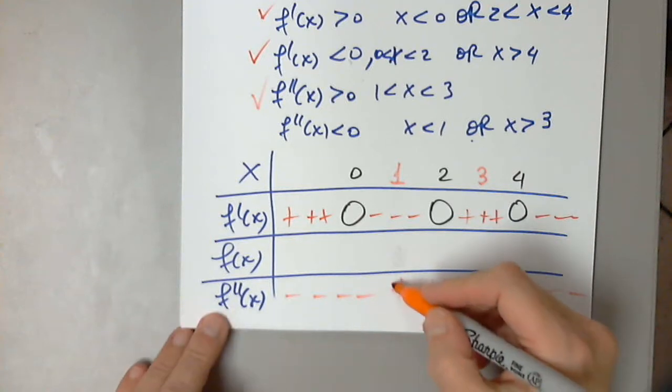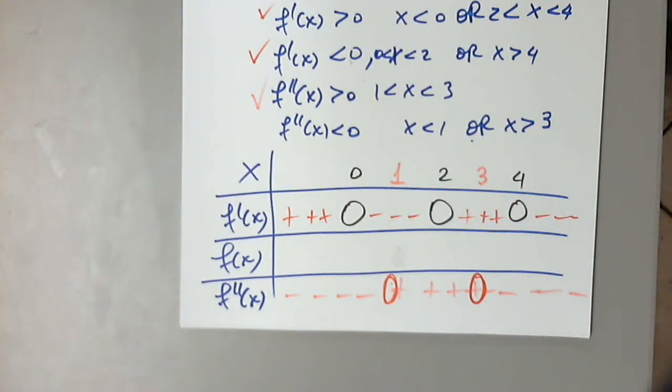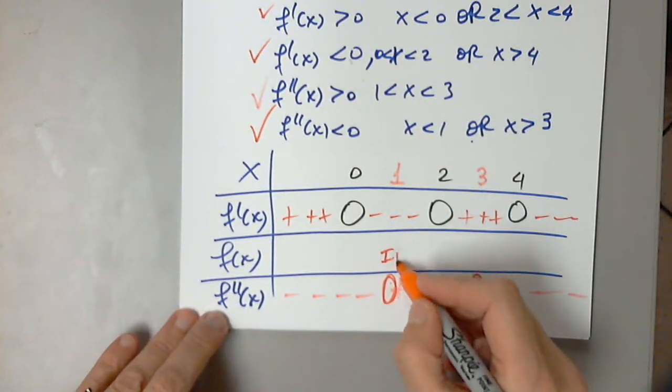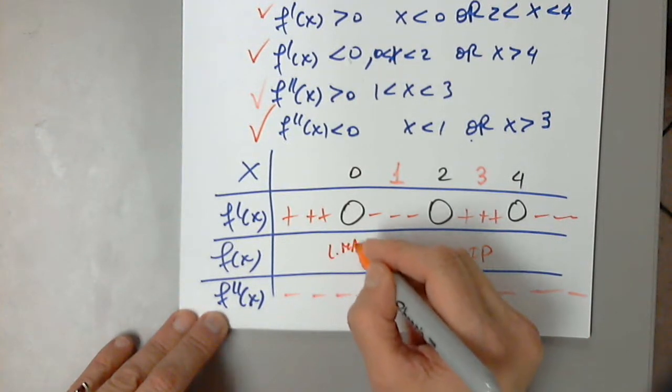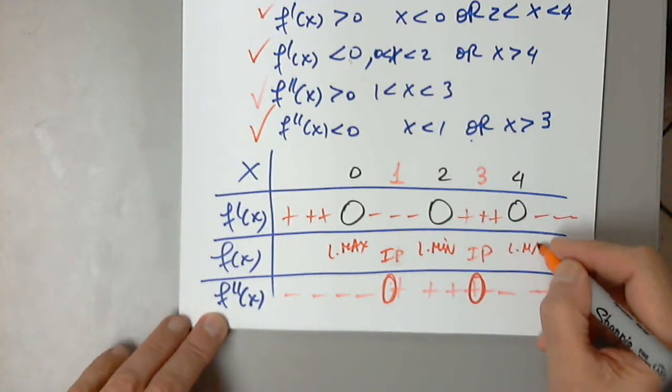So something happens here because it changes sign. The second derivative changes sign at 1 and at 3. And this is it. This must be an IP. This must be an IP. This must be a local max. This must be a local min. And this must be a local max.